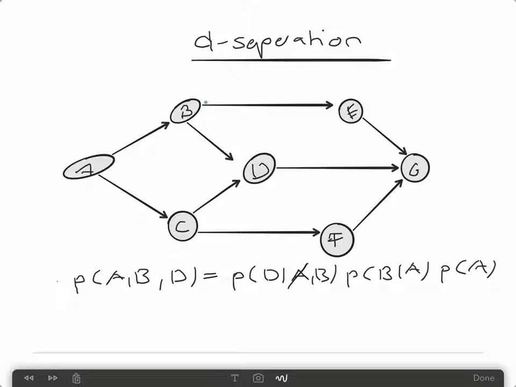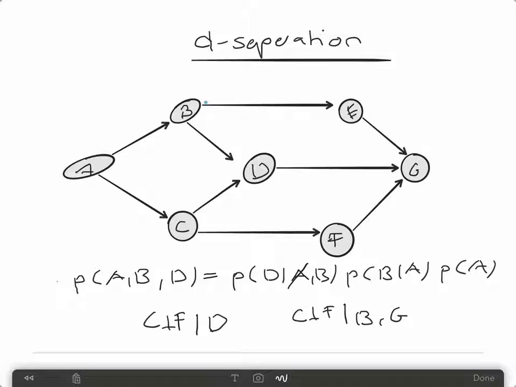So now we want to ask this graph some questions and it can answer them for us. Given D, are C and F independent or not? And the same given B and G, or are F and C independent?